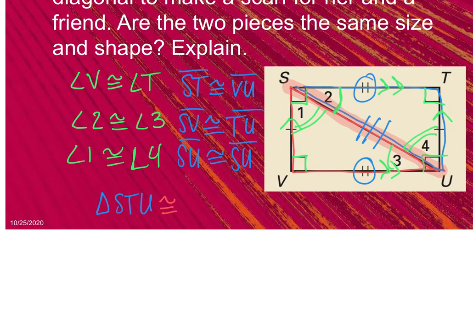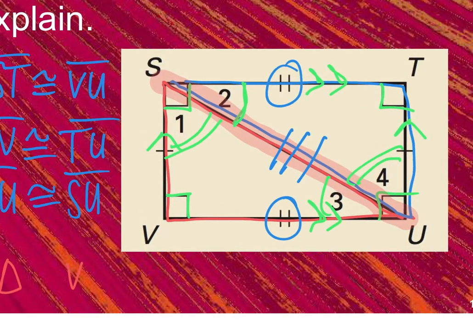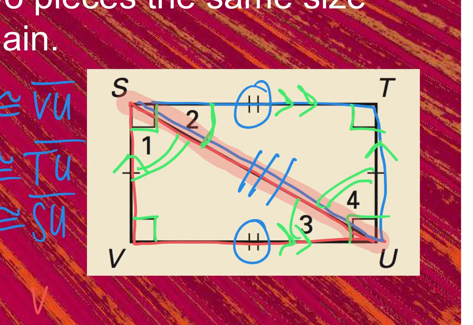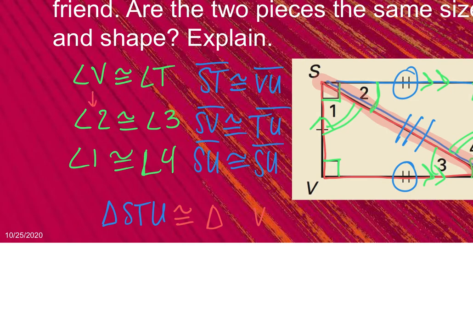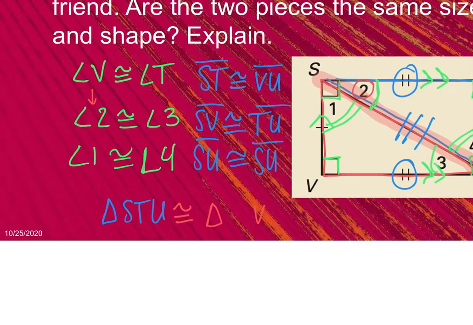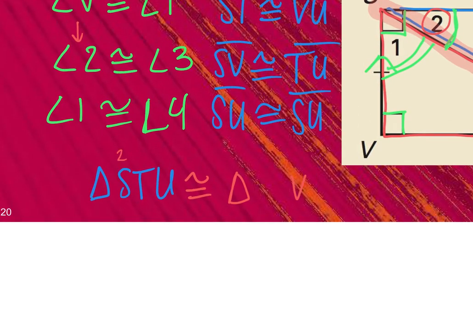Now, let's take a look at the angles that we wrote that are congruent. Angle V and T must be at the same spot. So V must go in the middle, okay? Because T went in the middle on this left side. Now, S and U are shared, right? Both of our triangles go through S and U. But look, angle 2 is in the blue triangle, and that one was at point S. So this one's angle 2.